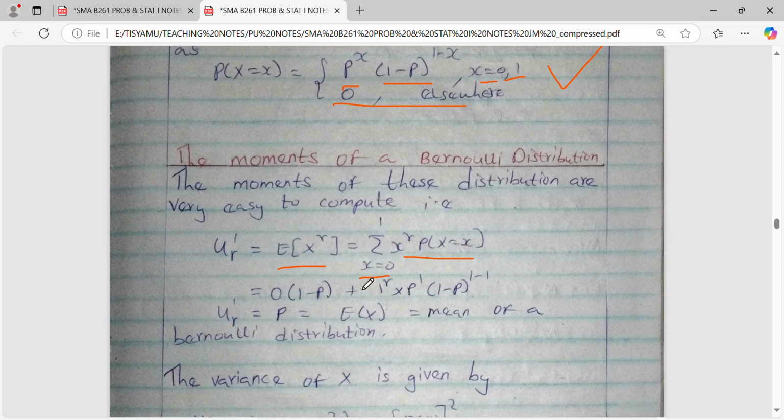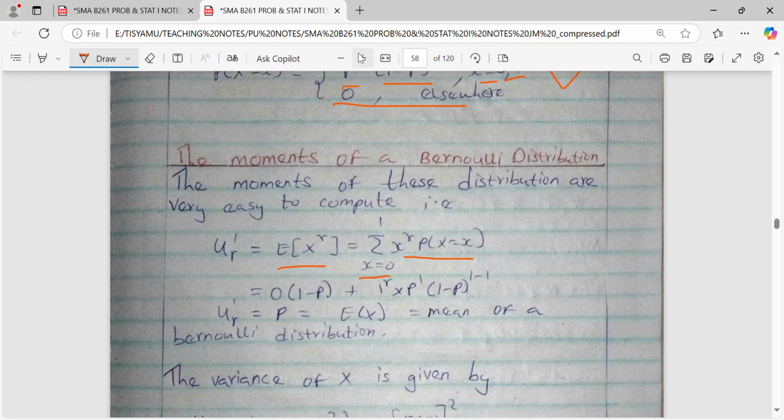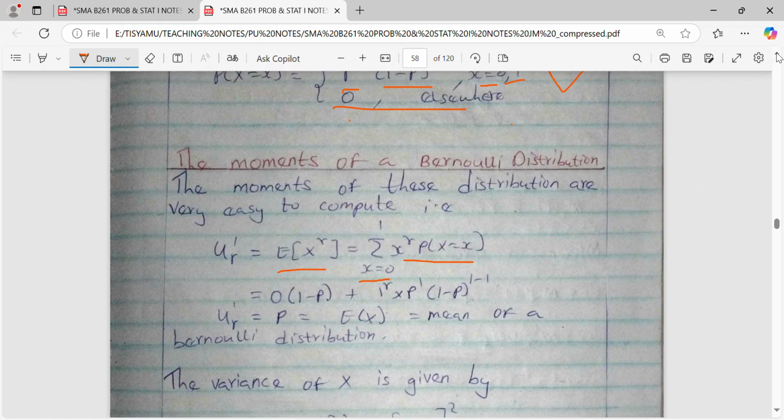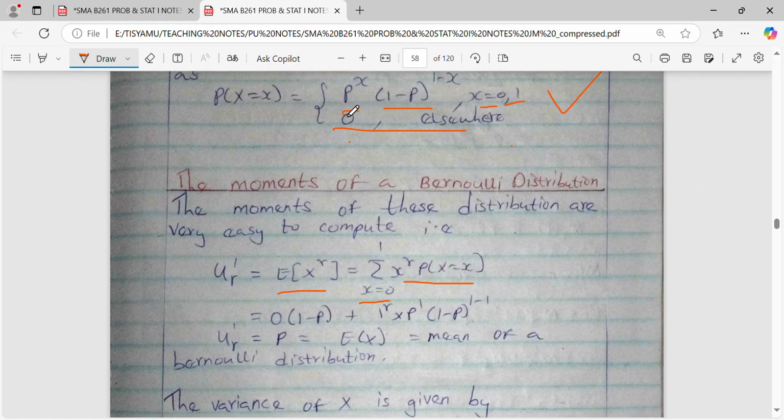So when x is 0, we are going to have p raised to 0 into 1 minus p raised to 1 minus 0, which reduces to 1 minus p.